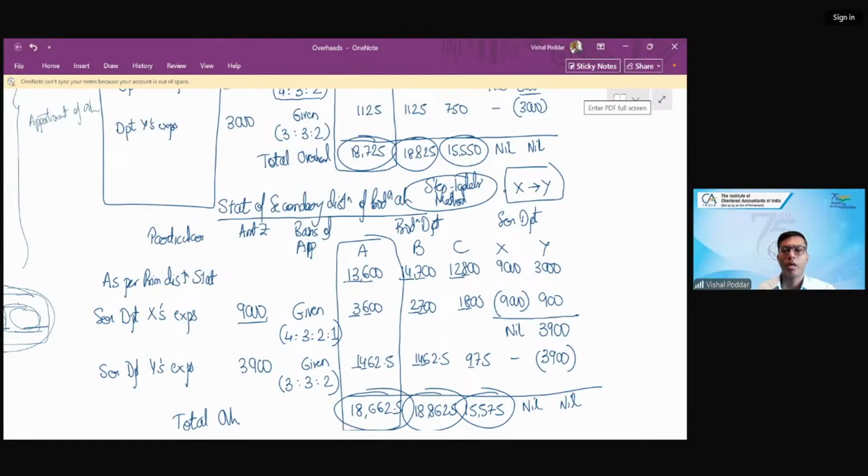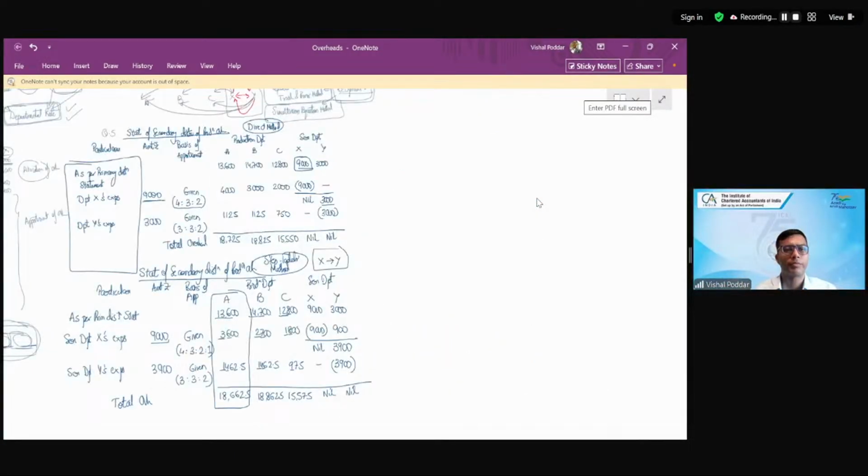If the scenario changes, by default, the answer will be different. Okay? Understood by all? I hope the first two methods are clear. Any questions or doubts with these methods?